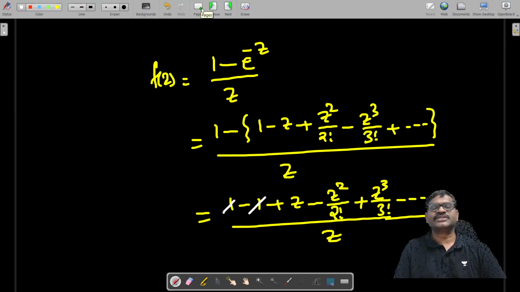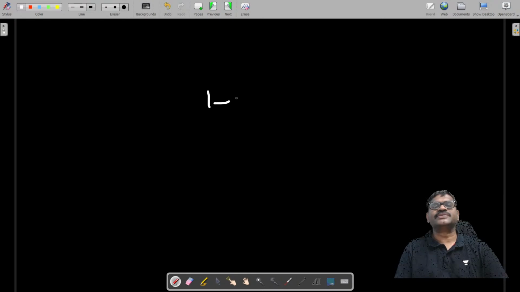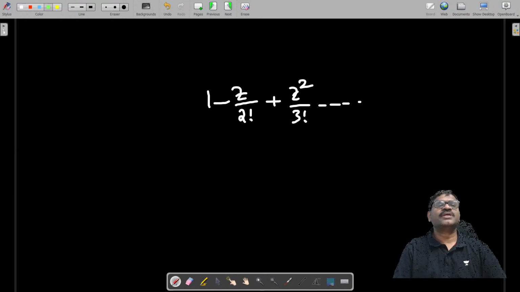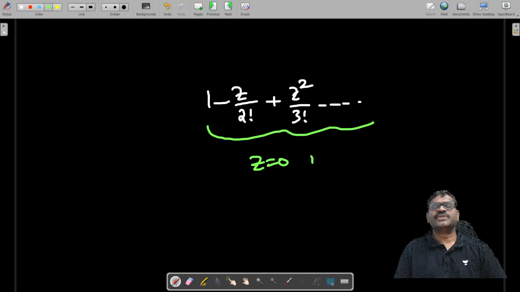You will get 1 minus z by 2 factorial plus and so on. There are no negative powers of z. Therefore, z equal to 0 is a removable singular point.